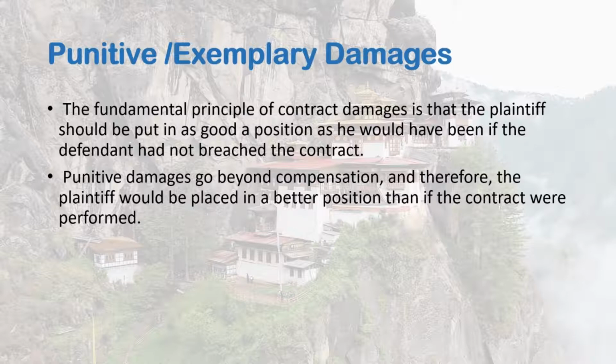But punitive damages, in fact, go beyond compensation, and therefore the plaintiff would be placed in a better position than if the contract were performed. Virtually any breach of contract will give rise to a claim for damages, even if the plaintiff's loss is nominal or difficult to prove. In other words, the plaintiff is entitled to receive either nominal or compensatory damages for breach of contract. But punitive damages go beyond that.